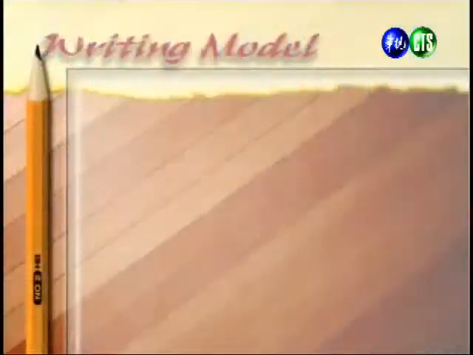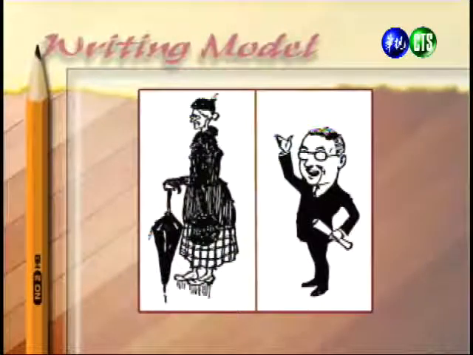Here you can see that we have two pictures. We're going to talk about these two, and then make up some sentences that compare them. Let's take a look at the first picture on the left of the screen. Here we have a lady.